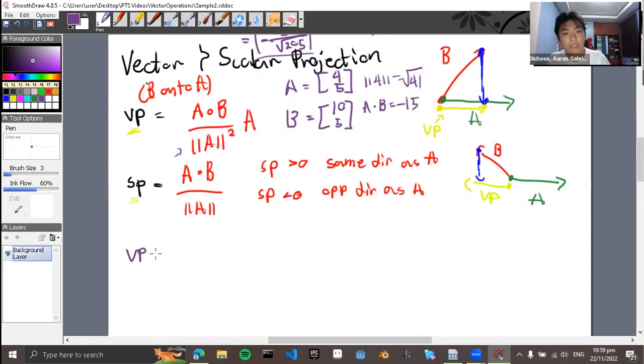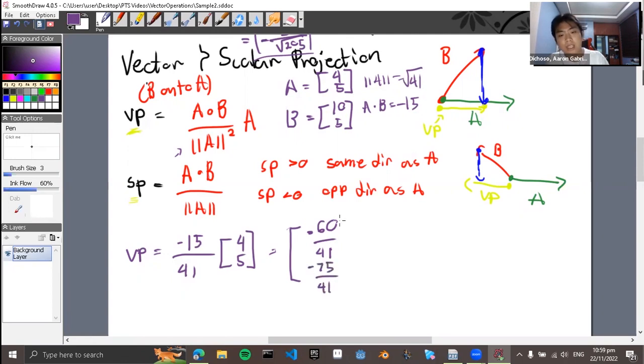So our vector projection is equal to negative 15 over 41 times the vector 4, 5. So this equals negative 60 over 41. So naman 15 times 5, that is 75. Yeah, 75. So negative 75 over 41. And that is our vector projection.